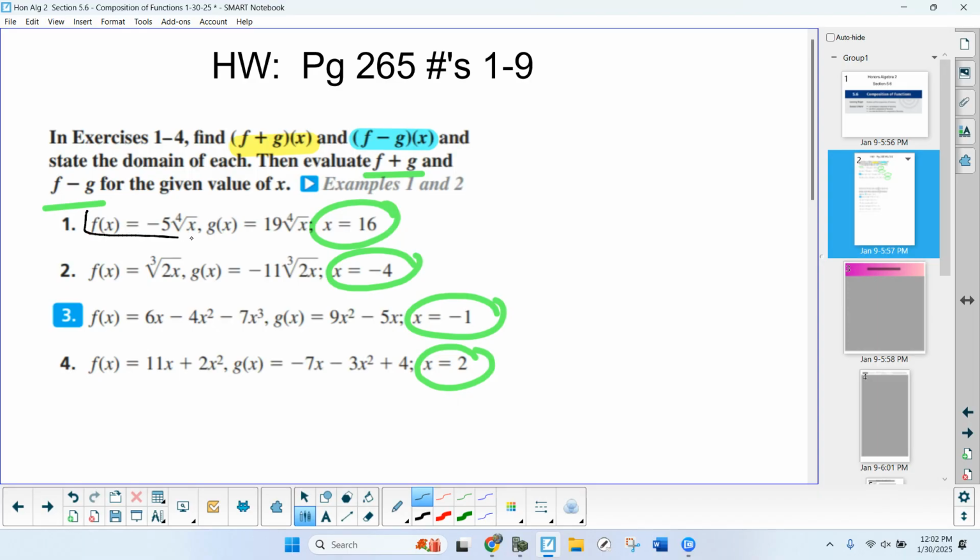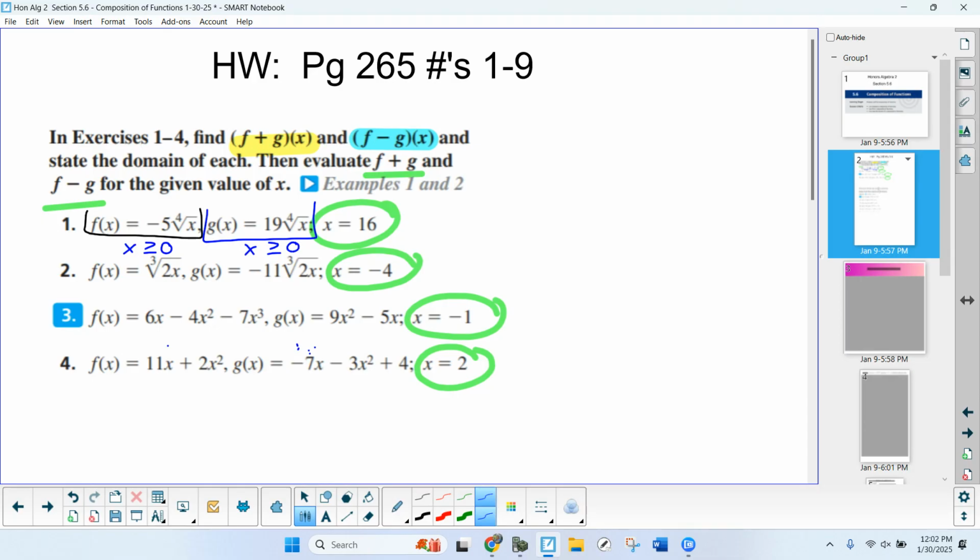What's the domain of f? If you have a 4th root, what's the domain? X has to be greater than or equal to 0. How about here? What's the domain? Greater than or equal to 0. Now, in both cases, when you added or subtracted, you got 14, 4th root of x, or negative 24, 4th root of x.